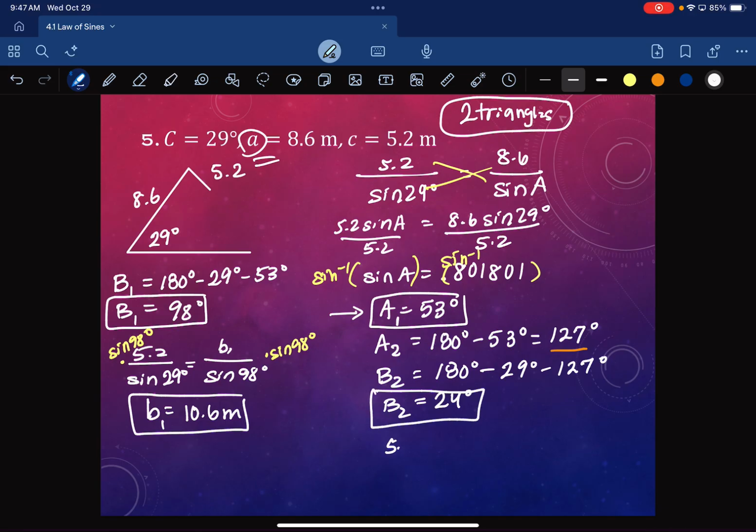So we'll have 5.2 over sine 29 equals B2 over sine 24. And we'll solve it just like we did. We're going to multiply by the sine of that denominator, sine 24. And this will find us side B2. So what is sine 24 times 5.2 divided by sine 29?